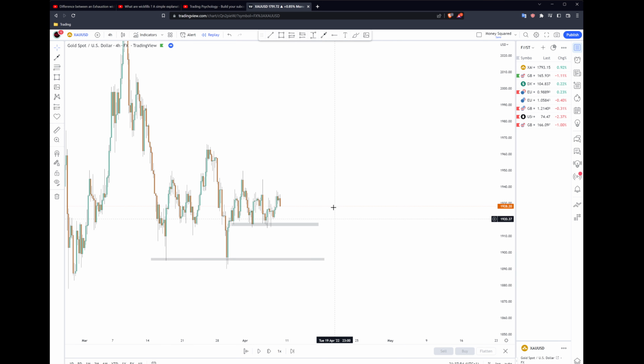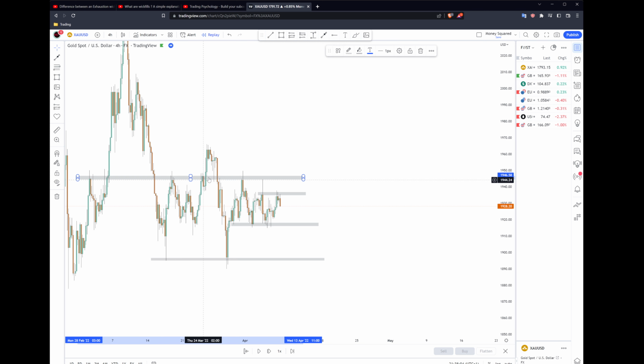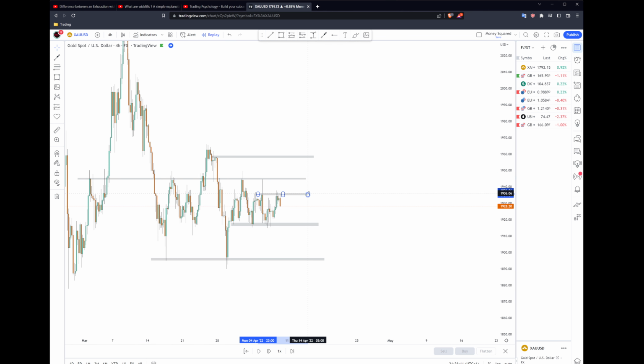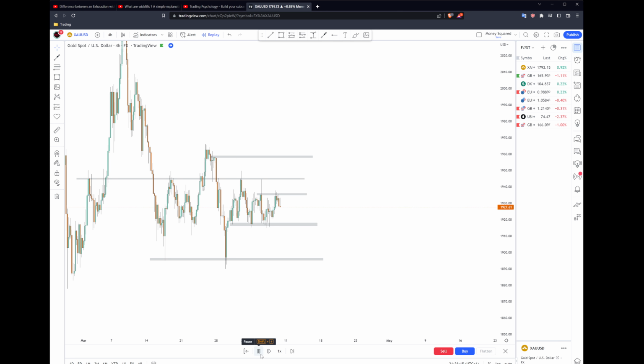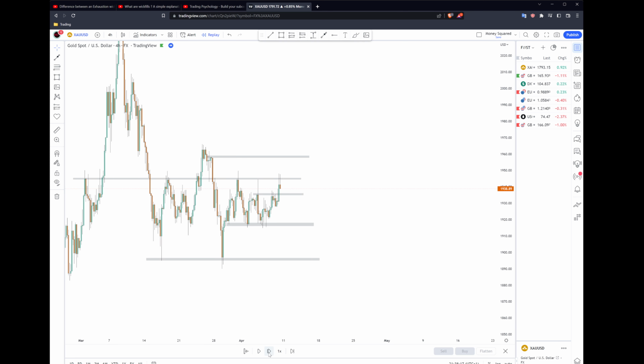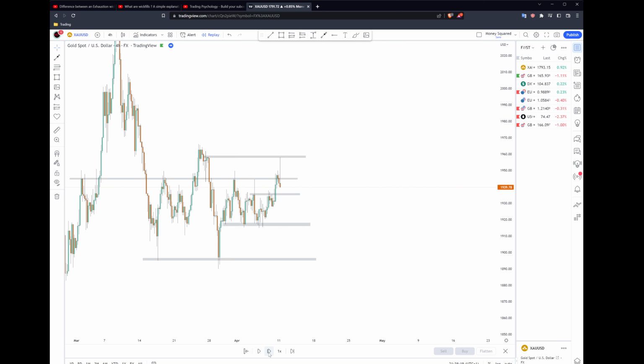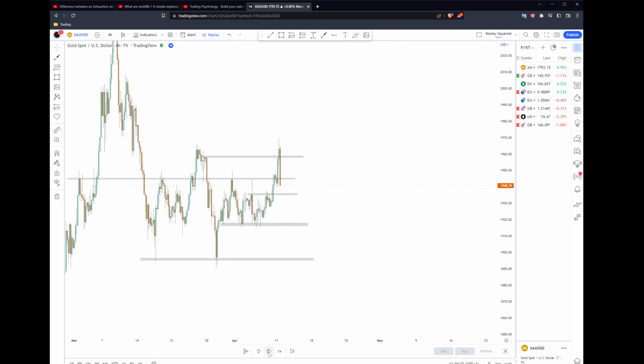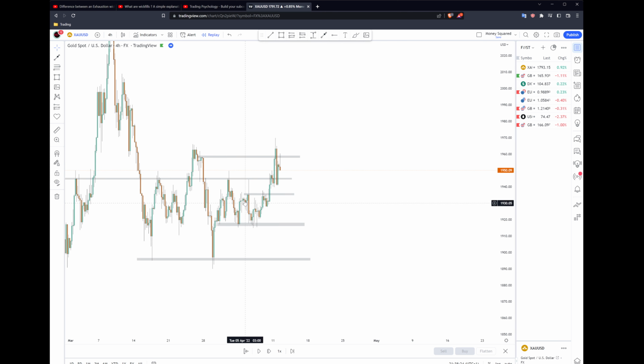We have it here. Where is the resistance? We have a small resistance here. We have a resistance at this level, which, as you can see, is being quite respected, and then you have here, and this is how you mark up your zones. And then you go and see that we move from resistance to resistance.